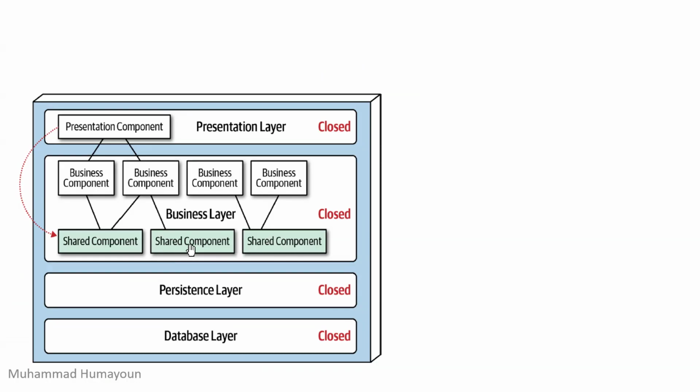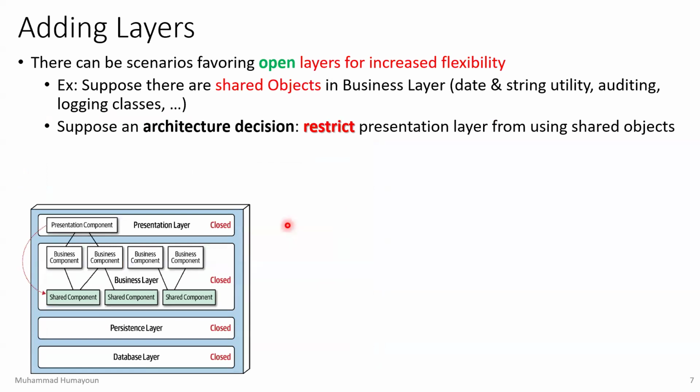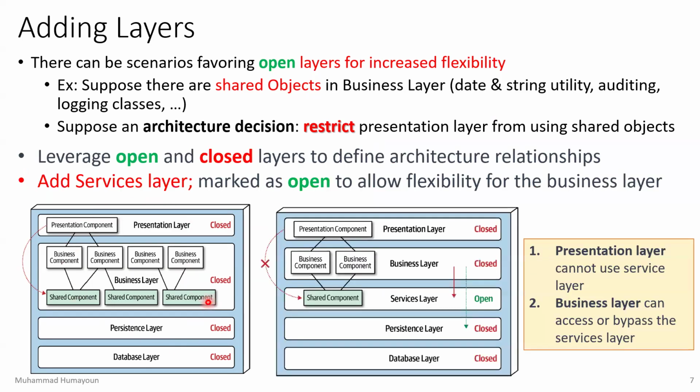As a business requirement, you don't want the presentation layer to use any of these shared components. So what can we do? We can arrange our layered architecture from this to this.